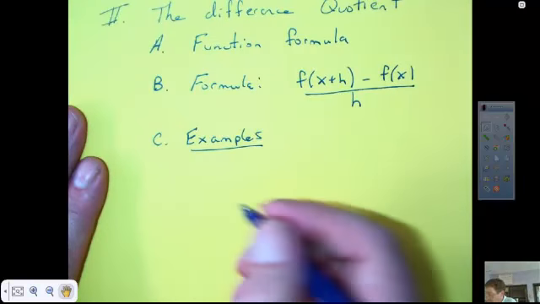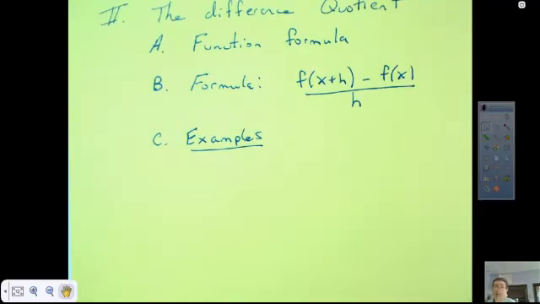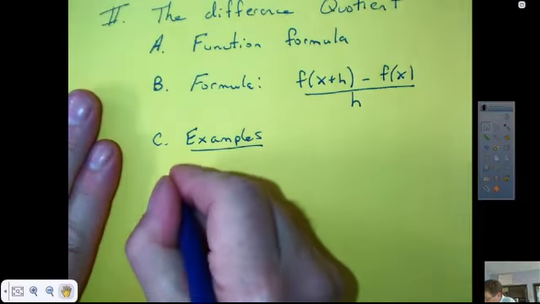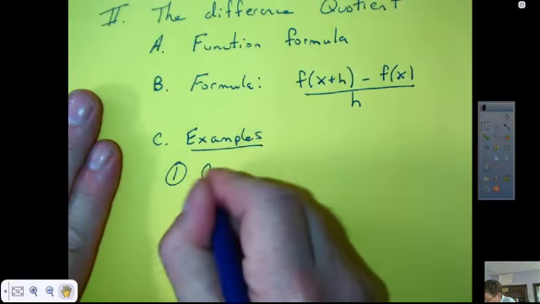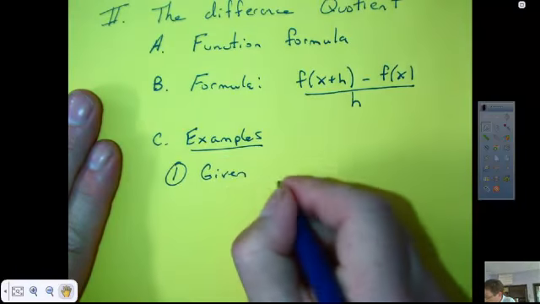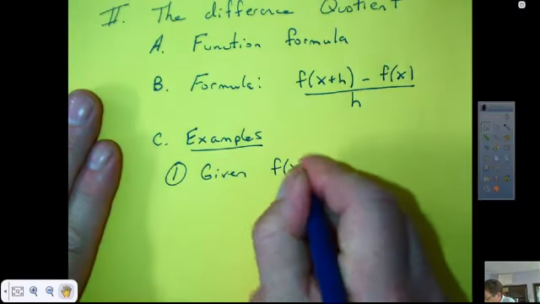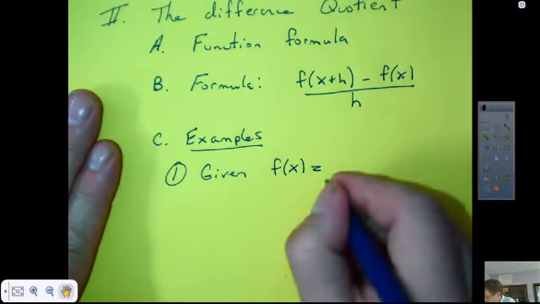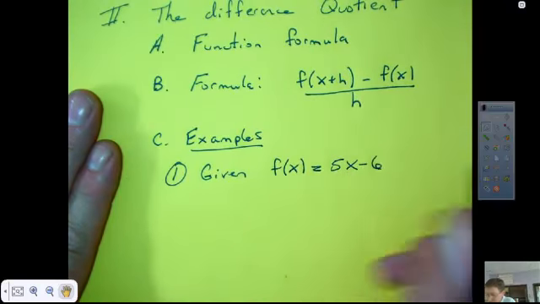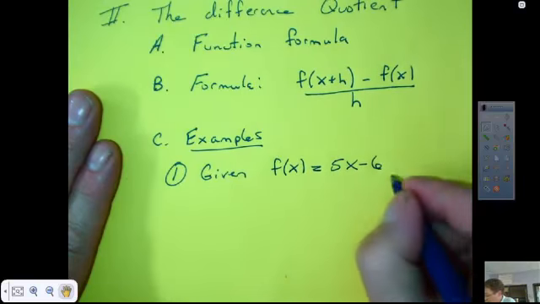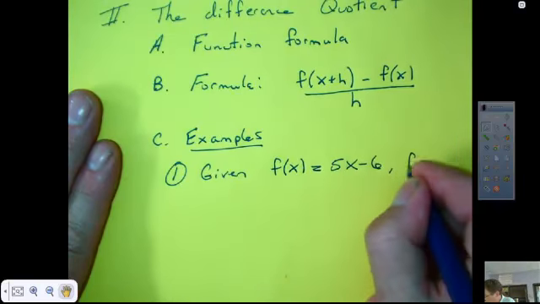So let's start. To apply this, you have to be given a function. You can't just apply it without a function. So this first one, I'm given f of x equals 5x minus 6. And of course, the direction is to find the difference quotient.